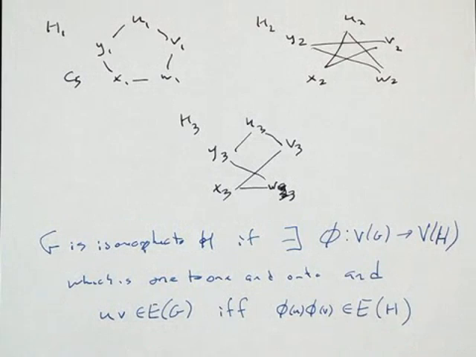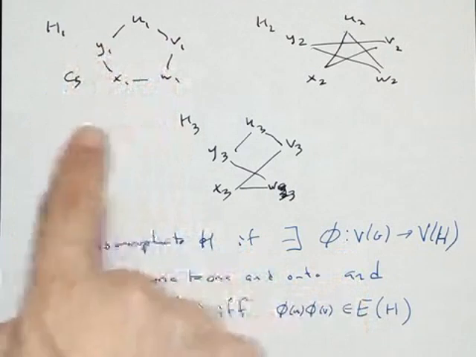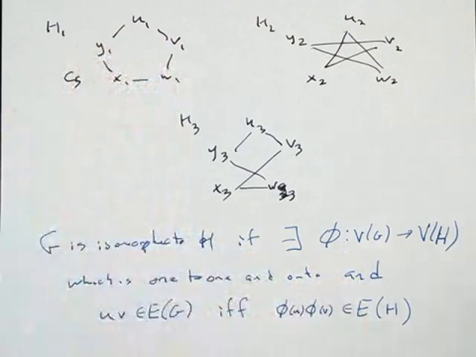Now this sounds all in my mind. I claim that the 5-cycle H1 and the star that I've called H2, I claim those are the same. If I show that, then what I have to do is define a function so that the things adjacent in H1 are adjacent in H2.